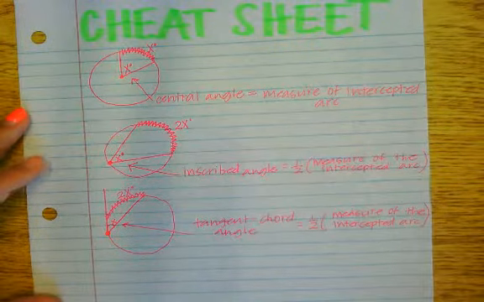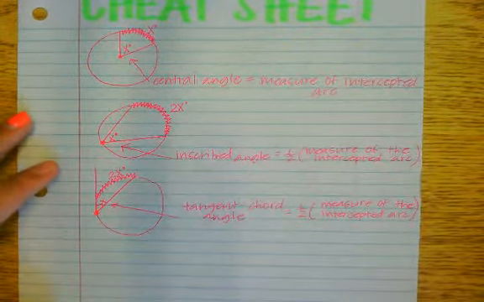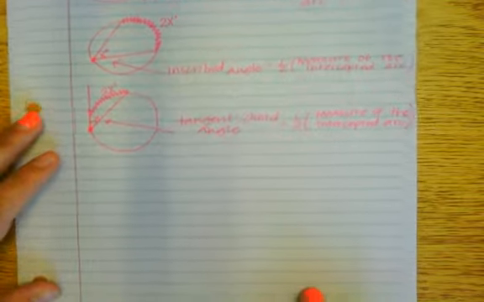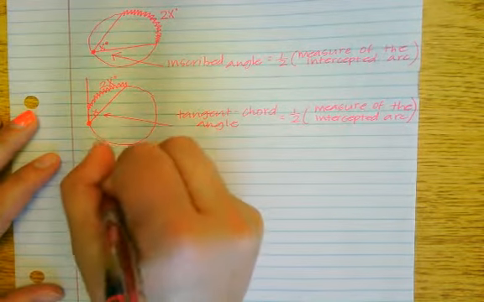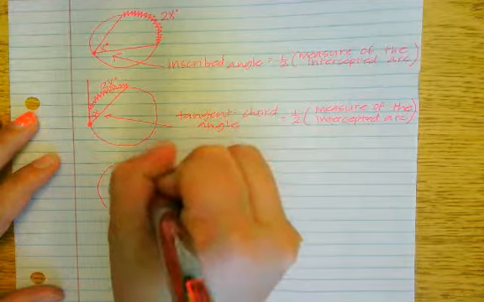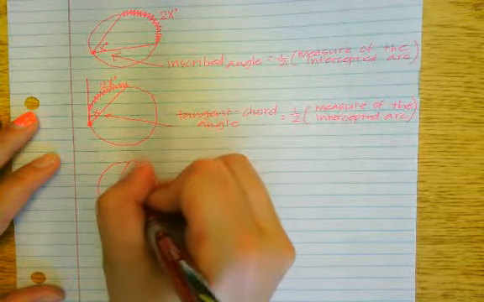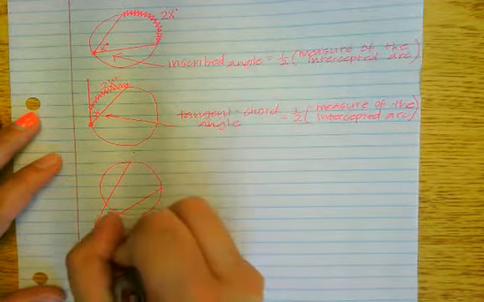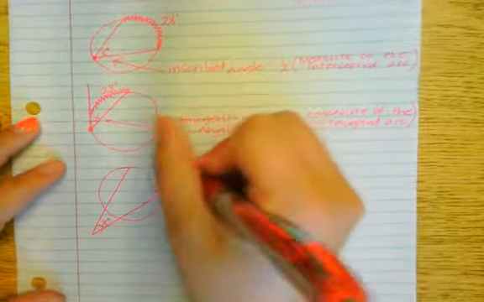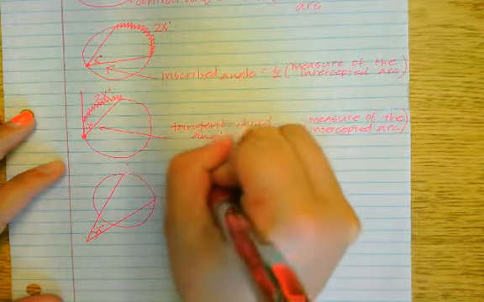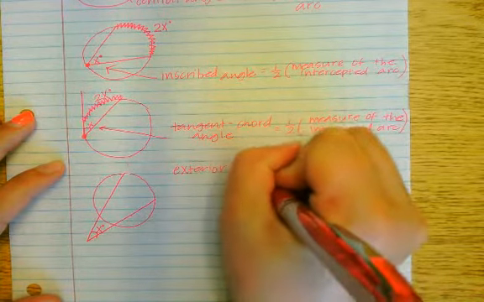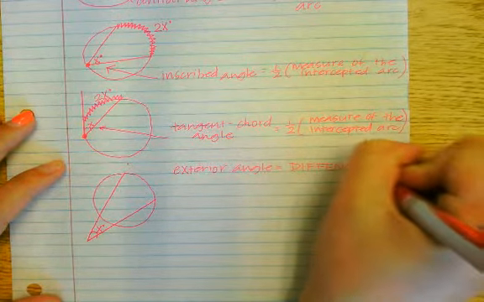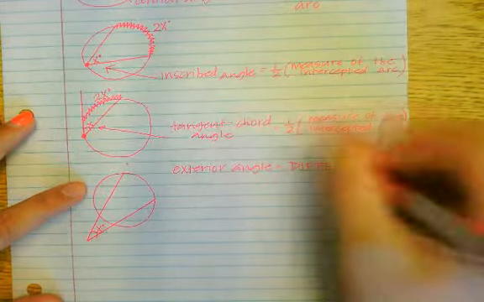Are we recalling all this so far? Okay. Then we went to an exterior angle. And remember, if you're outside the circle, it means you don't fit in, so you're being removed from the equation, subtracted.